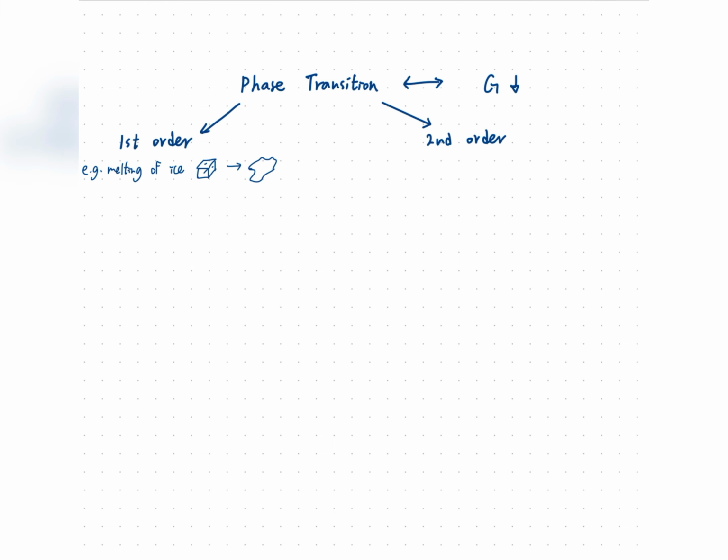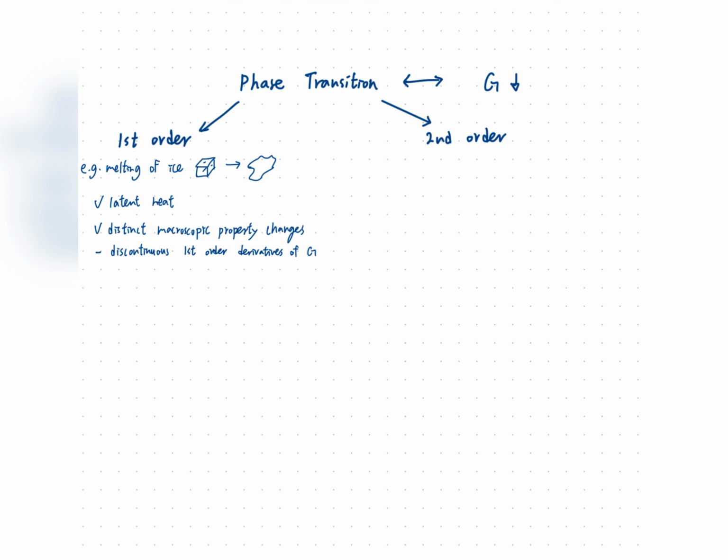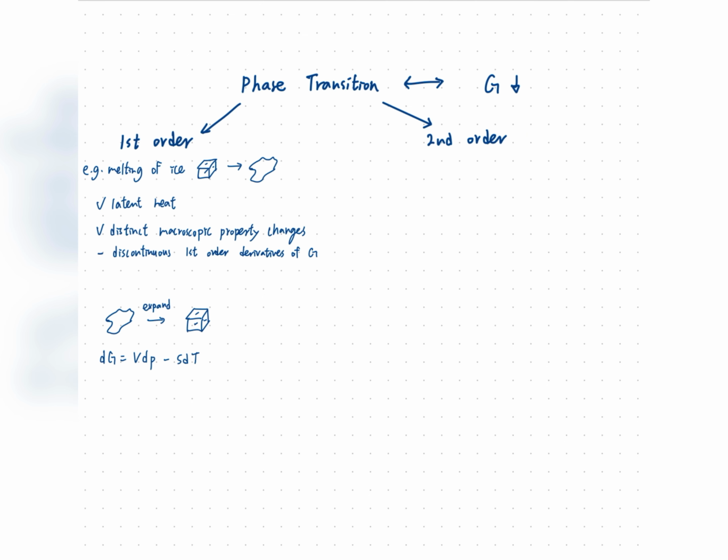This type of phase transition involves latent heat and is characterized by distinct macroscopic property changes like density or entropy, etc., at the phase boundaries. The first order derivatives of G are discontinuous. This is the reason why water expands when turning into ice, since during the phase transition, there is abrupt change in volume, which happens to be equal to partial G partial P with temperature fixed.